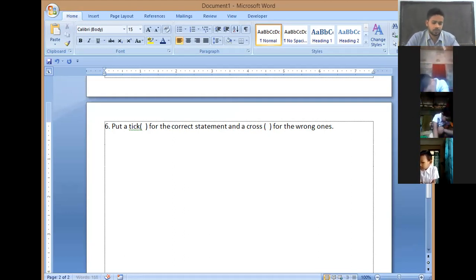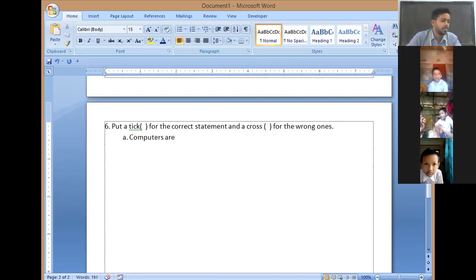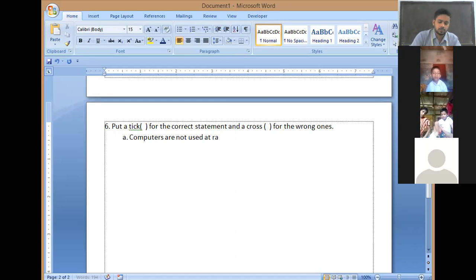Now we are going to write the questions. Computers are not used at railway stations. So we'll mark this as correct or wrong. We have studied that computers are used in railway stations.